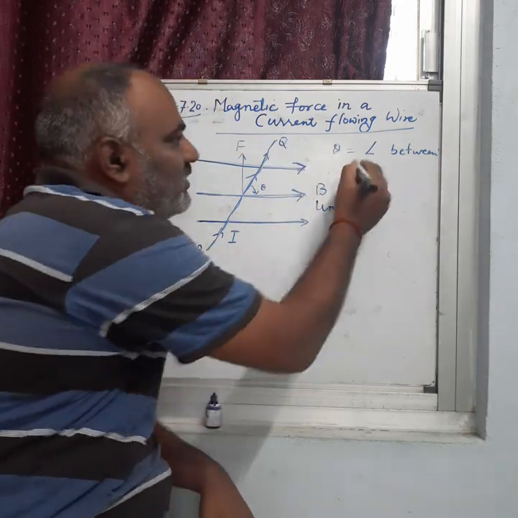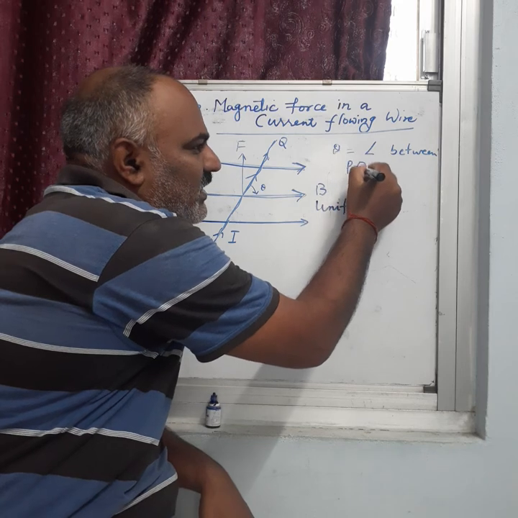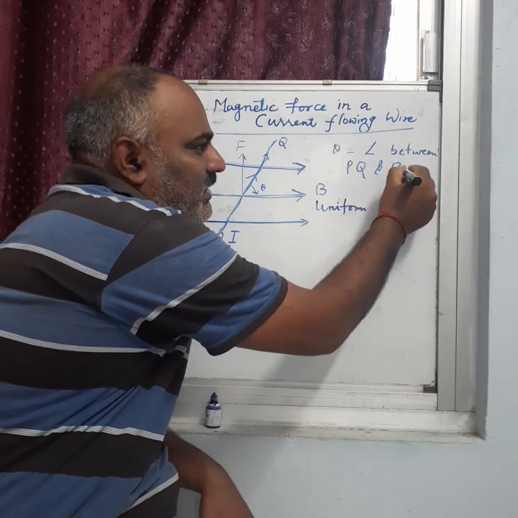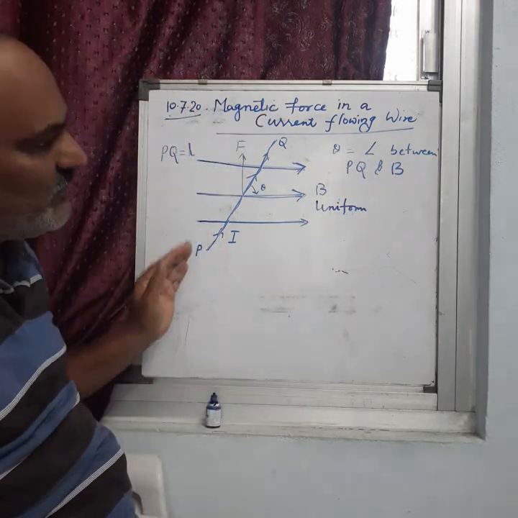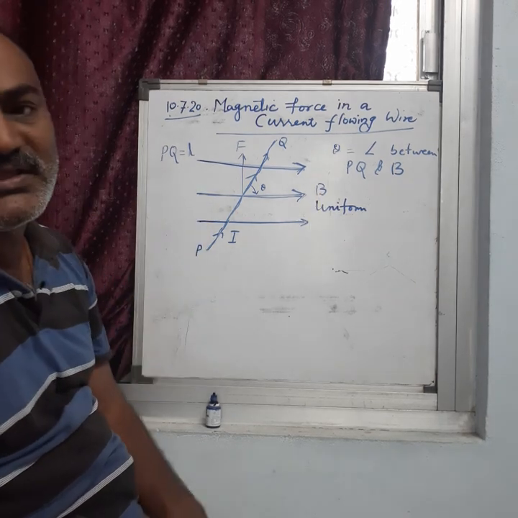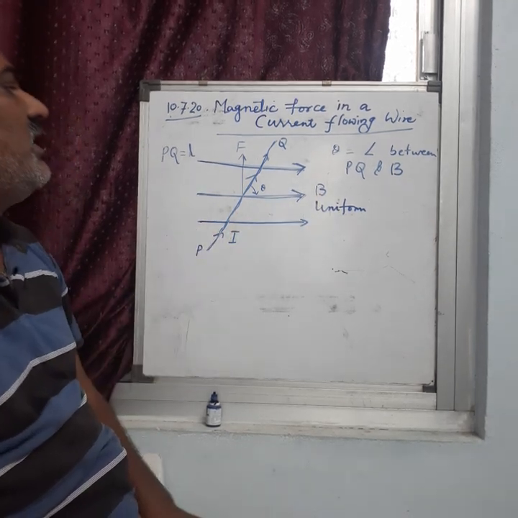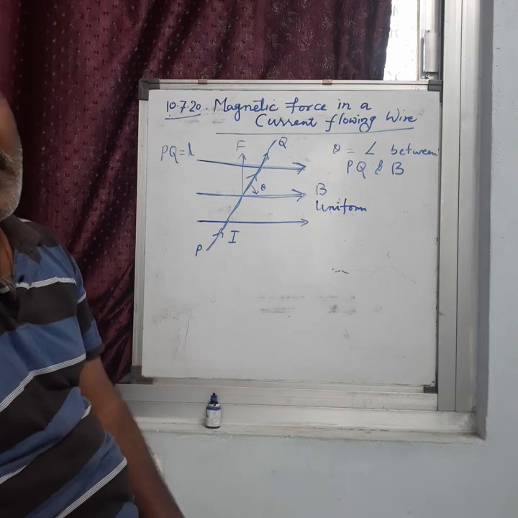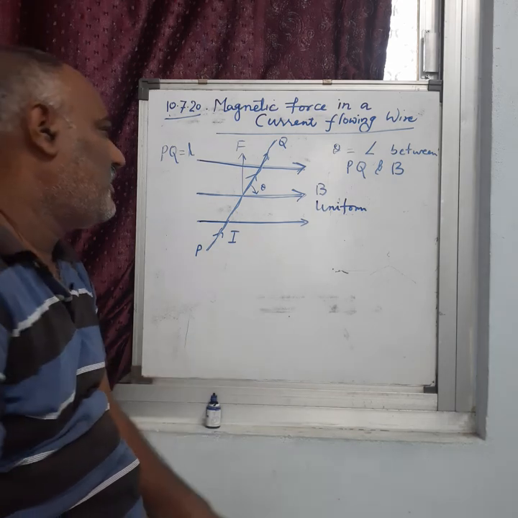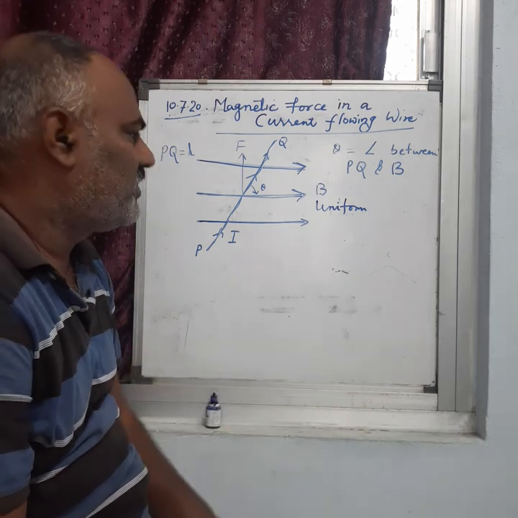Theta is the angle between PQ and B. PQ means the current flowing wire and B means the magnetic field. Generally theta is taken as perpendicular, but here I have taken theta as some general value.